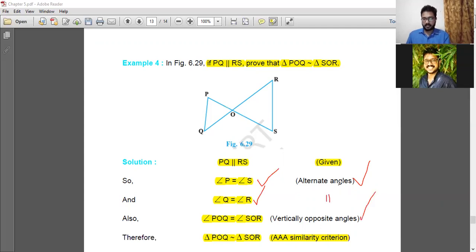Both are the same reasons. Now again, how am I saying these two triangles are similar? By using the AAA similarity criterion in the same manner. Clear? So always keep these points in your mind, and we will do some more problems in our next class.